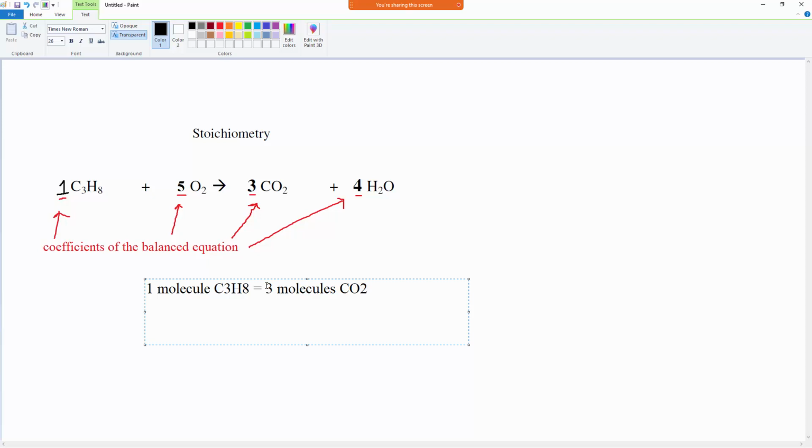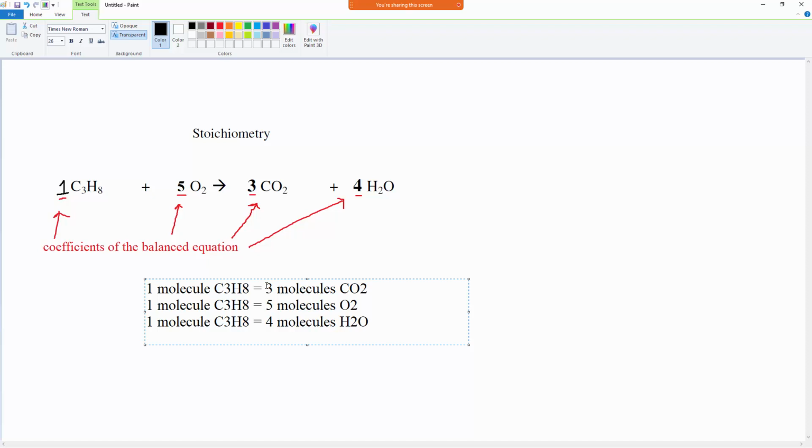I could additionally say that for the purposes of this equation, if I'm burning 1 molecule of C3H8, I'm going to consume 5 molecules of oxygen. And I could even say that if I am burning 1 molecule of C3H8, I will produce 4 molecules of H2O.